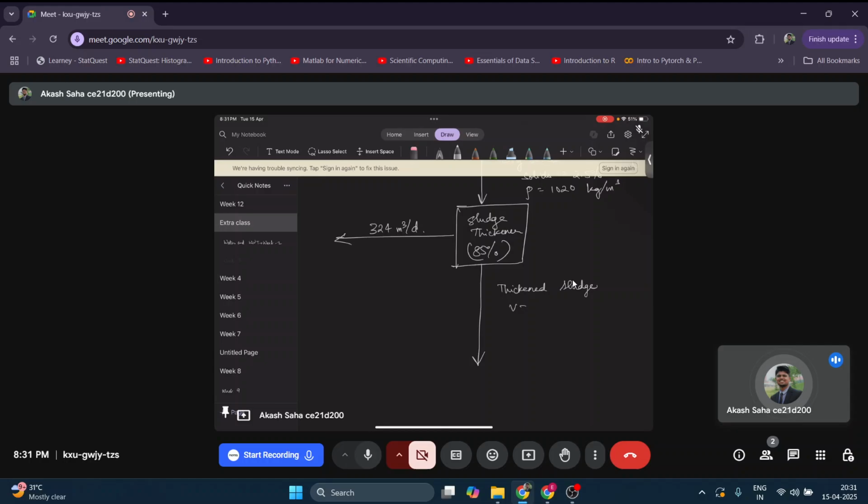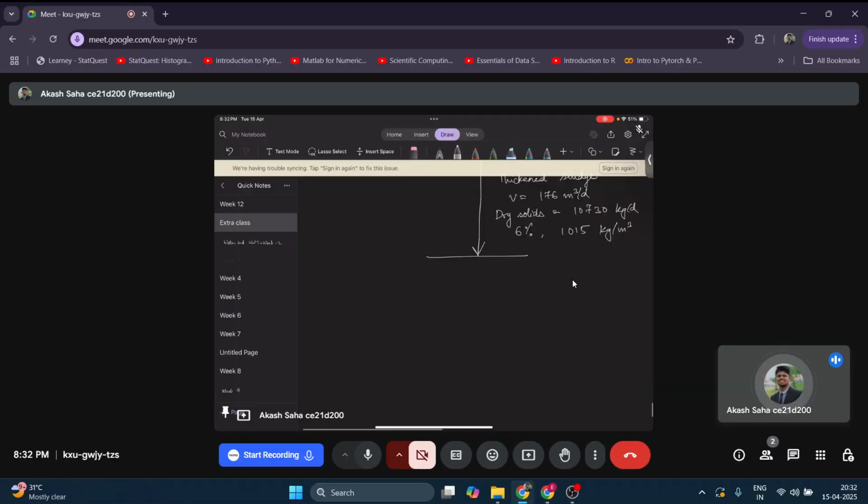Here the volume will be the leftover 176 cubic meter per day. Dry solids will be around 10730 kg per day with 6% solids and a density of 1015 kg per meter cube.